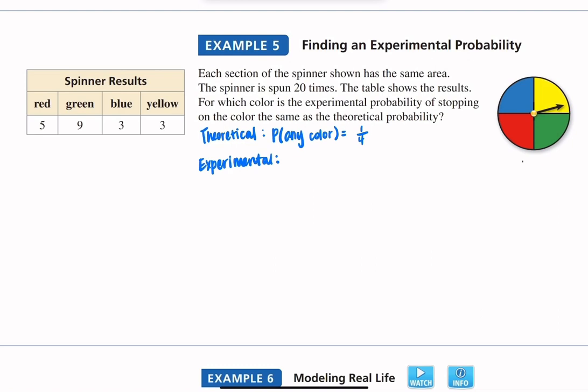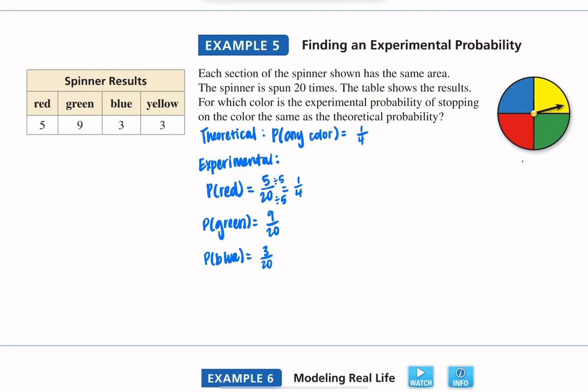So we're going to find the experimental probability of all 4 colors. Starting with red, it stopped on red 5 times out of 20. We're going to simplify that down to 1/4 by dividing by 5. And then we'll go on to green. We landed on green 9 times out of 20. I can't simplify that, so that stays. Blue, we landed on 3 times out of 20.